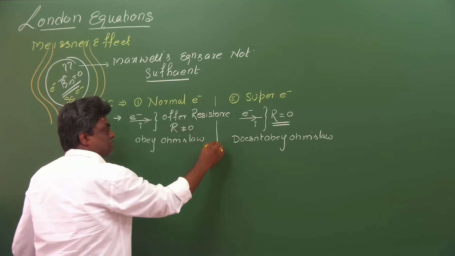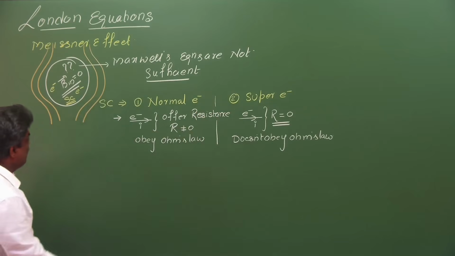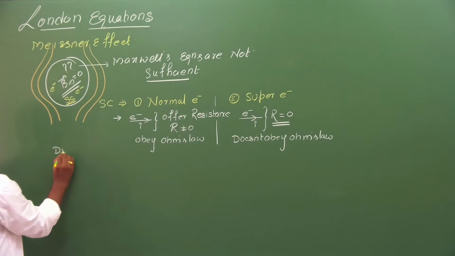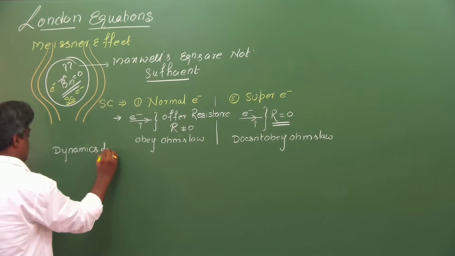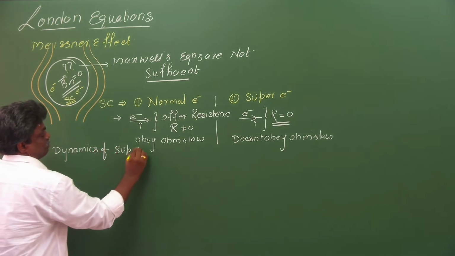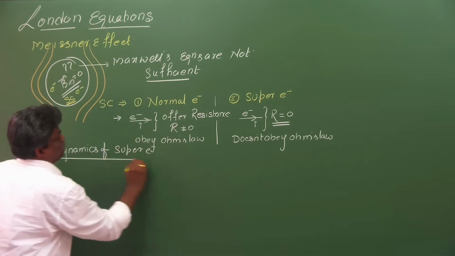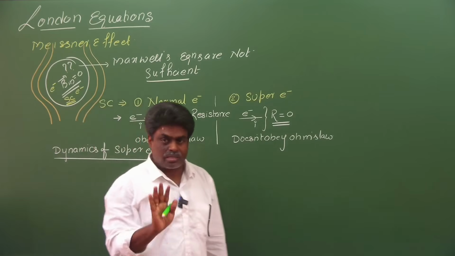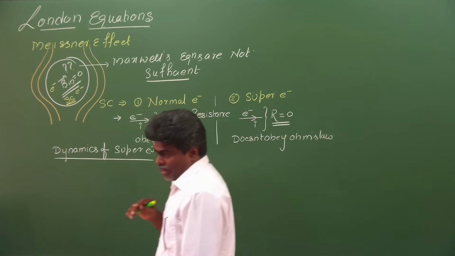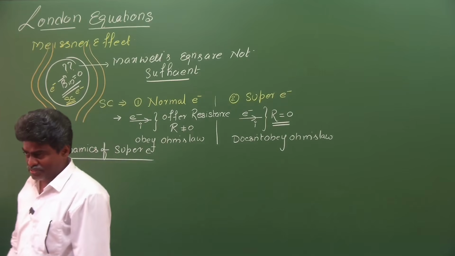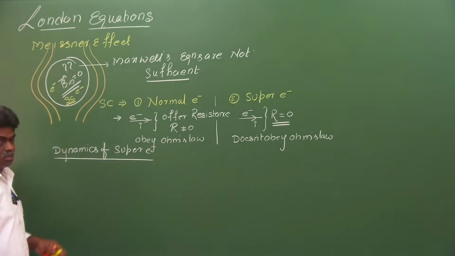Now we are discussing the dynamics of super electrons, because there is no issue with the normal electron. Maxwell's equations are there, so we can explain the dynamics of normal electrons using Maxwell's equations. But the problem is with the super electron.